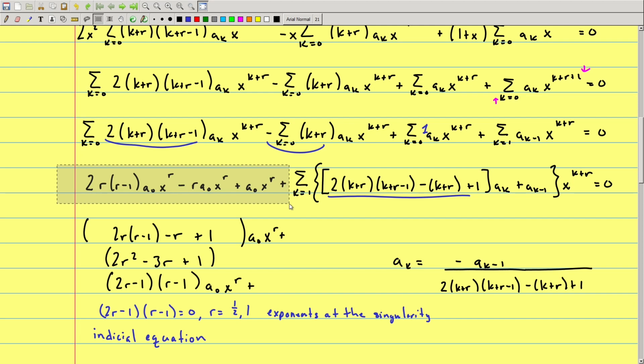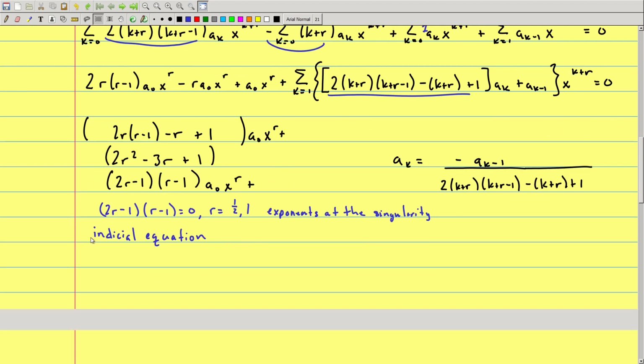And these set of terms that need to be peeled off at the beginning will form the indicial equation. And the solutions to the indicial equation are the exponents of the singularity, which you use to define the recurrence relation one at a time to be able to find the two fundamental solutions to the differential equation.